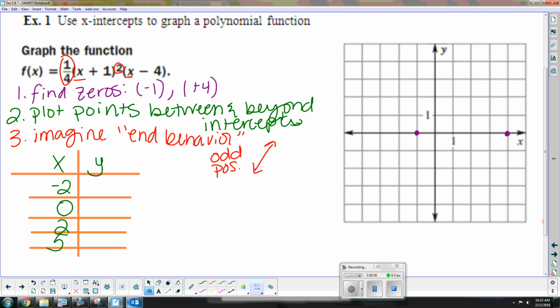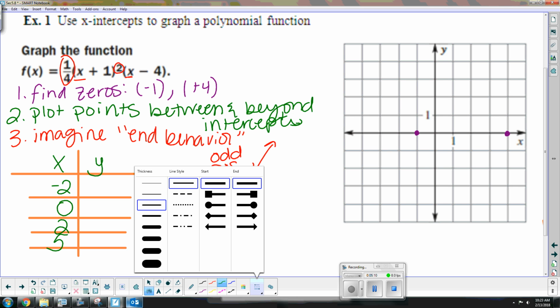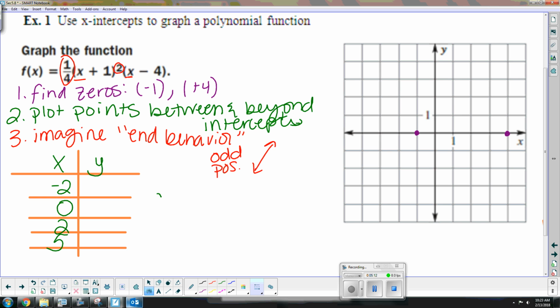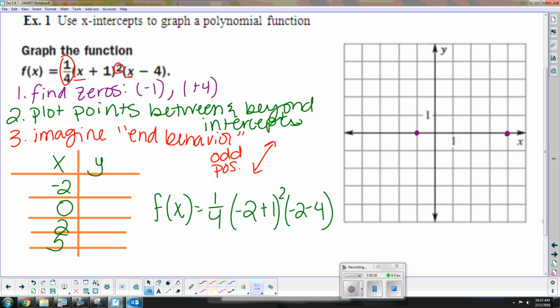So we're going to take these x coordinates and plug them into our function to get our y coordinates. So I'll do the first one, but beyond that, it's just substitution. So 1/4 times -2 plus 1 squared times -2 minus 4. So I'm just substituting my x values in here.